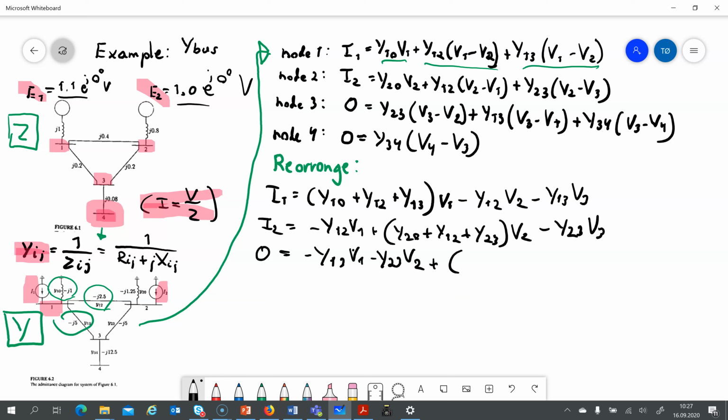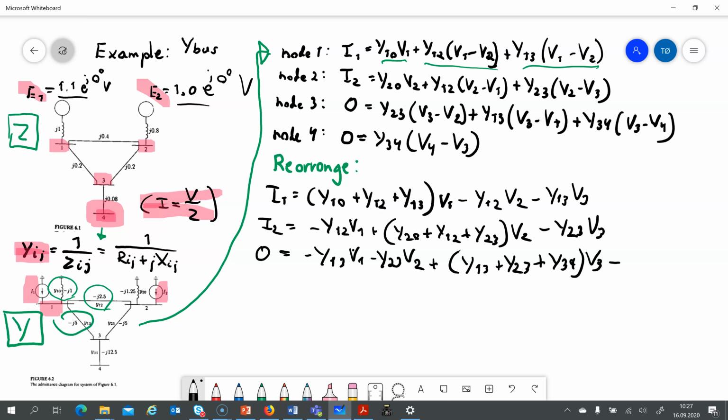Now we have in position 3 the sum Y13 plus Y23 plus Y34, and then times V3.